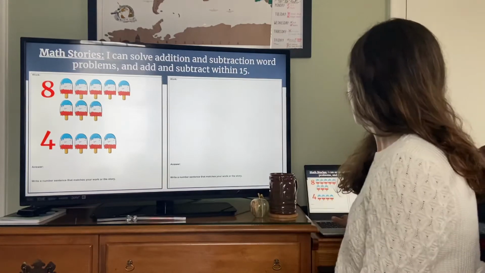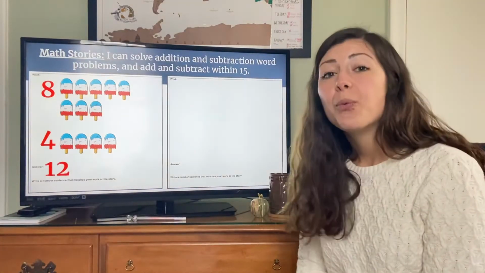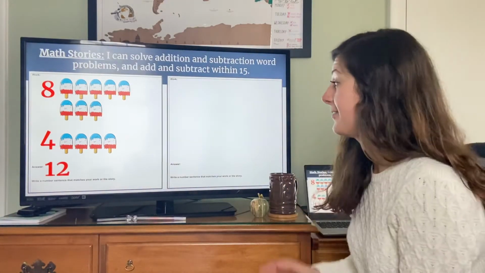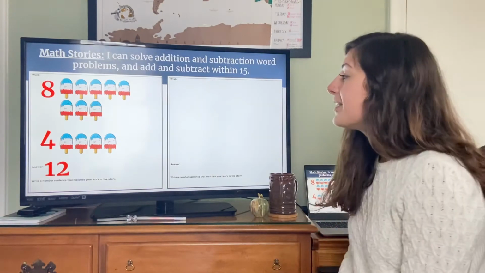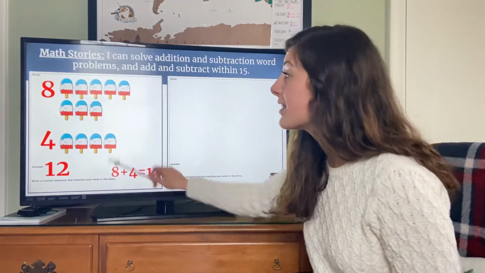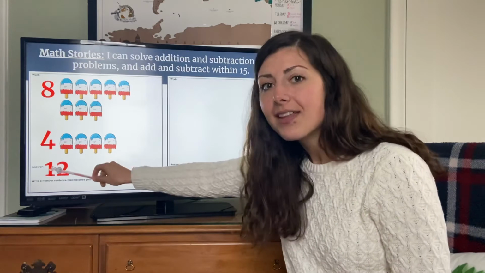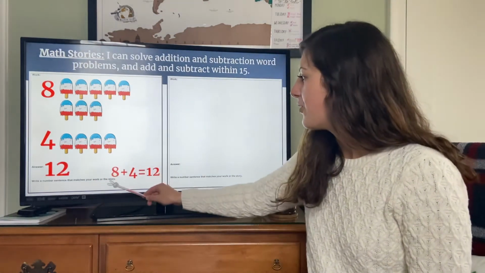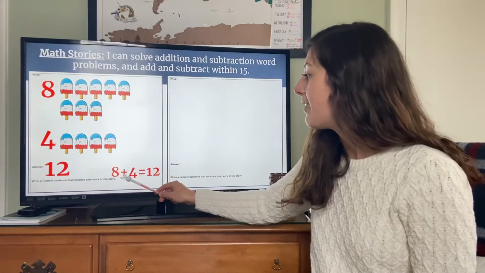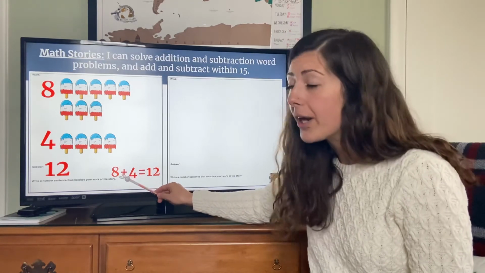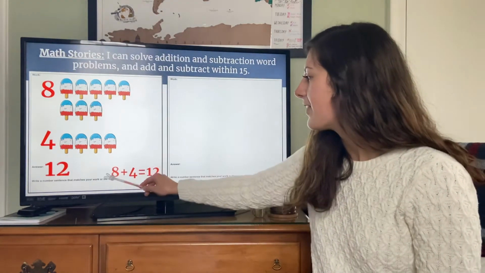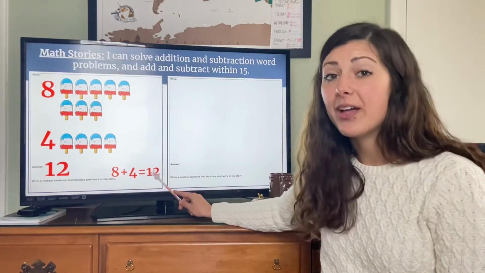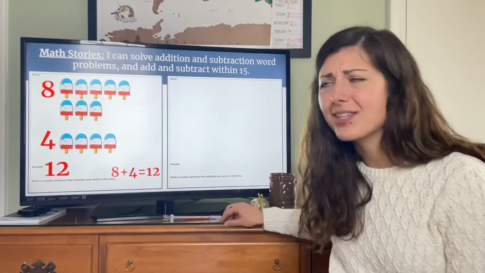Your answer should be 12 popsicles. When I do my number sentence, remember, I'm using the numbers that they told me in the story. So she started with 8, she got 4 more, and when I put it all together, my answer is 12. So she had 12 popsicles at the end.